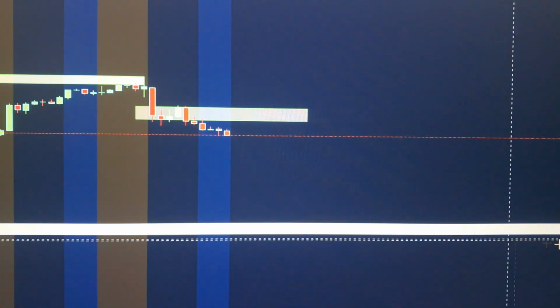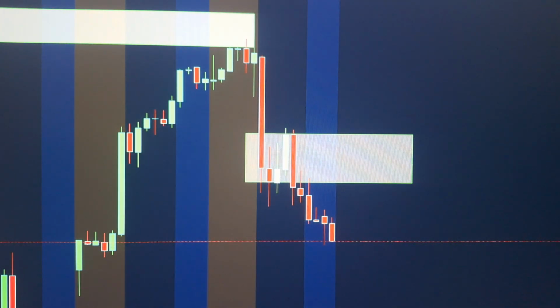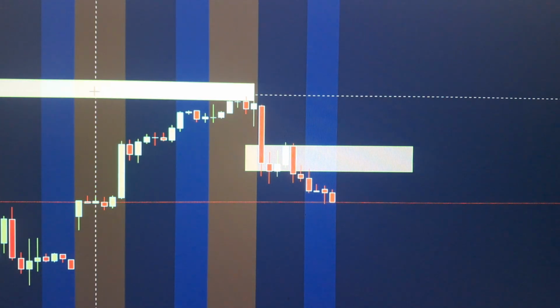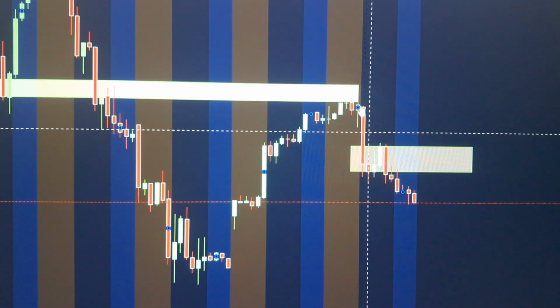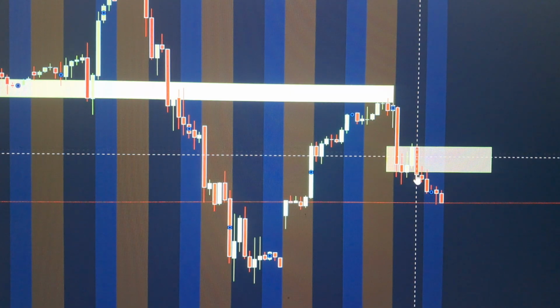So, okay, here was our breakdown. You also had a big supply test right here that failed, so it instantly creates a new supply.